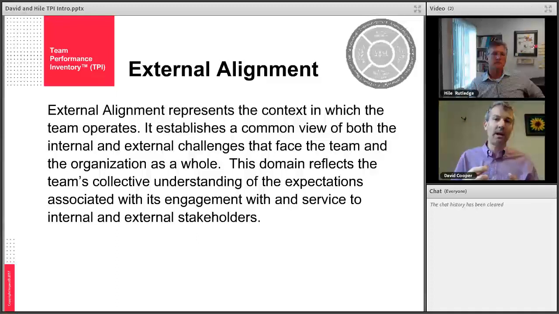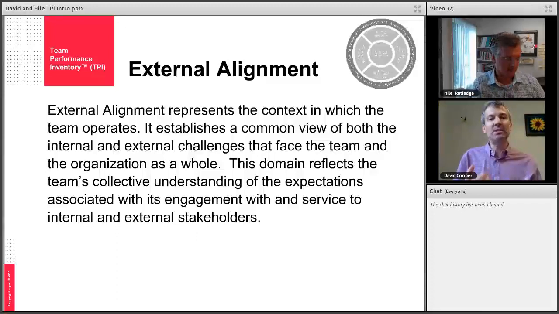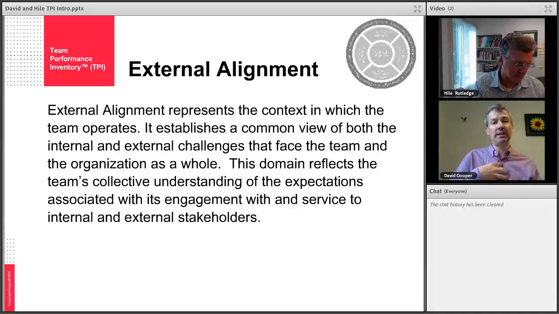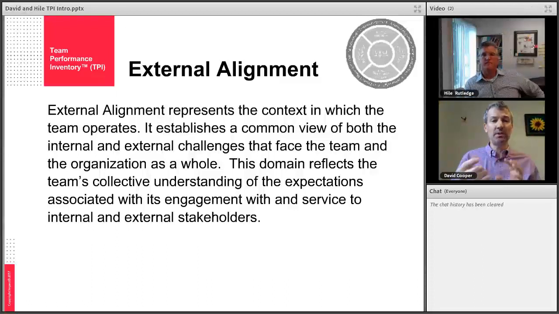So this domain serves to understand and serve the need that we need to be knowing the expectations of those stakeholders. They need to be knowing the expectations that we have of them. So this is about really aligning with the internal and external collective understanding and needs around everyone that has an investment in this team's performance.